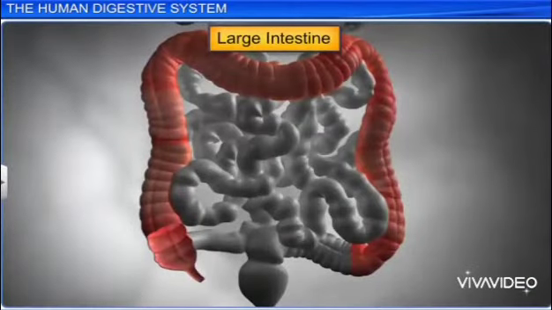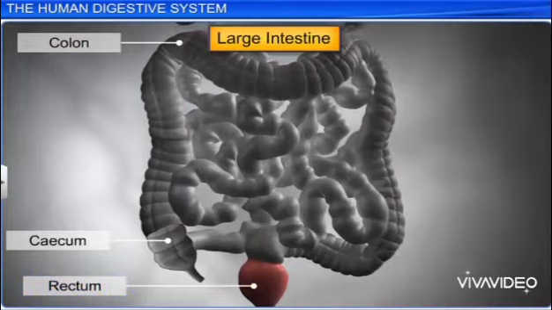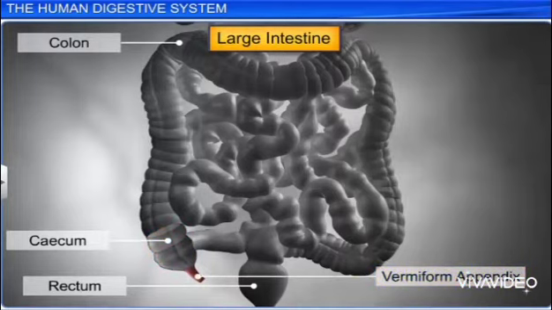The large intestine, which is the second last part of the alimentary canal, is divided into three regions, namely the cecum, colon, and rectum. The cecum, a small blind sac which hosts some symbiotic microorganisms, is not as developed in humans as in ruminants. Moreover, in humans, the cecum gives rise to a narrow finger-like tubular projection called the vermiform appendix, which is a vestigial or functionless organ.